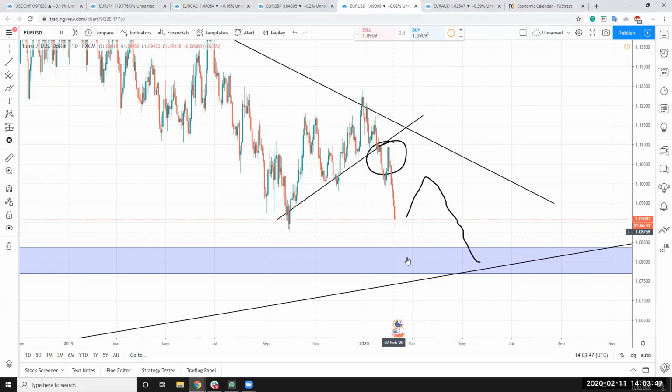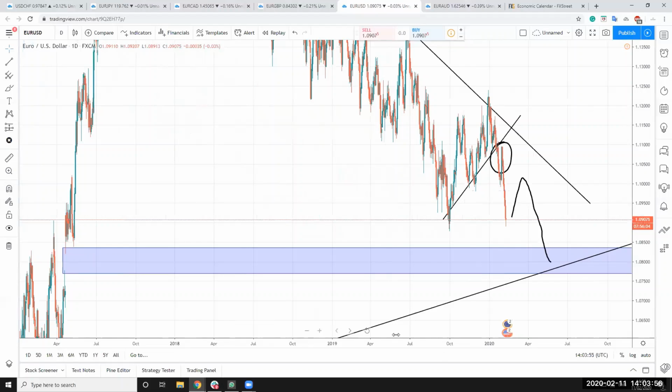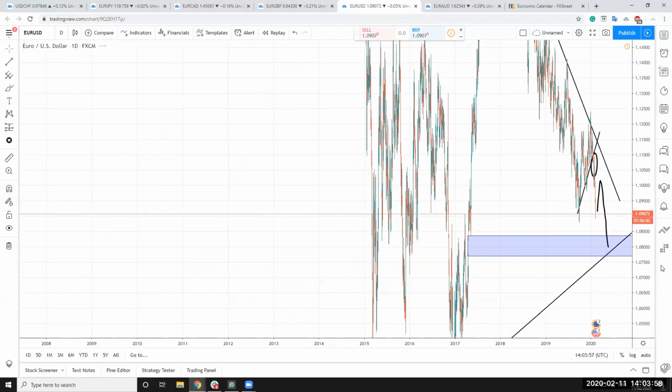If we continue to go lower during this week, I expect we stabilize around here, and then go higher, longer term. Also a nice setup.